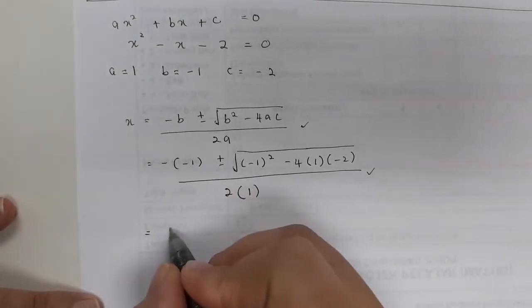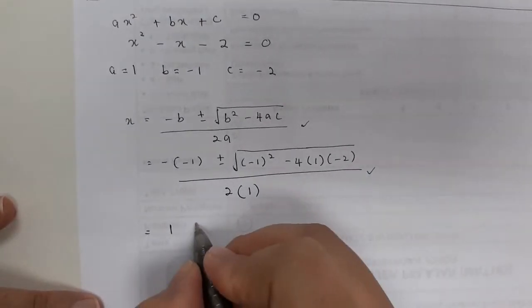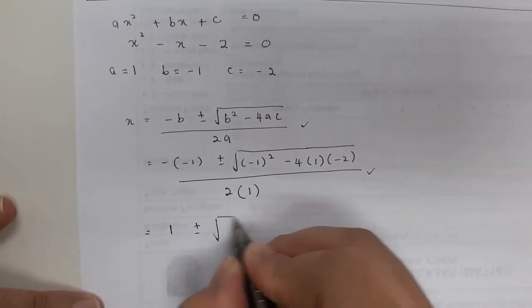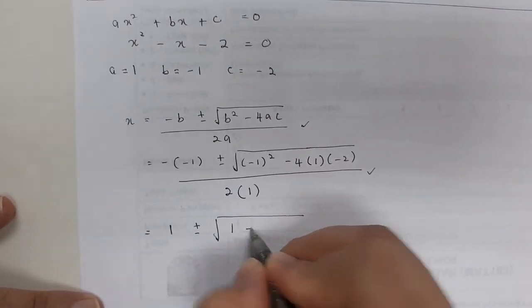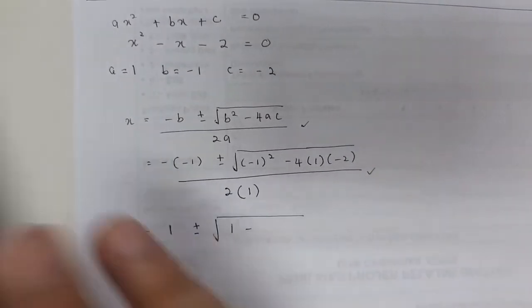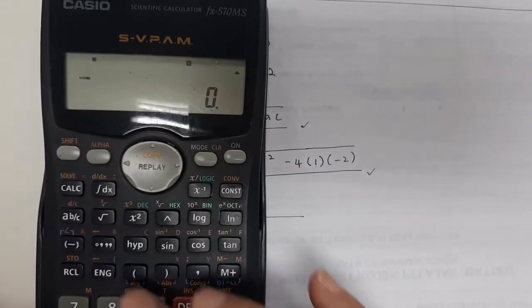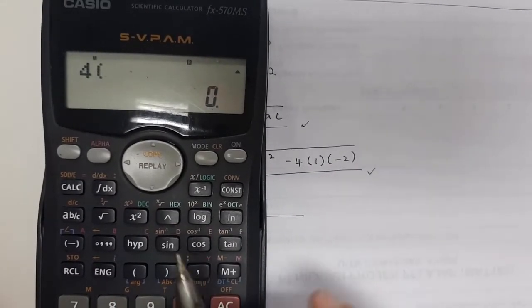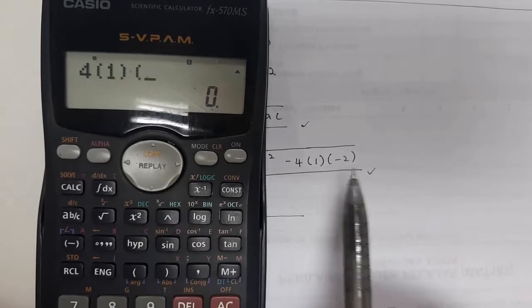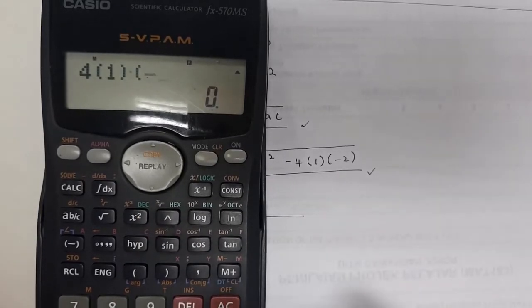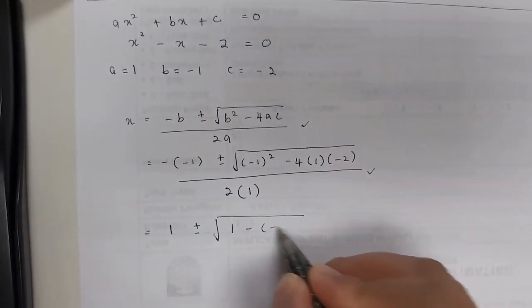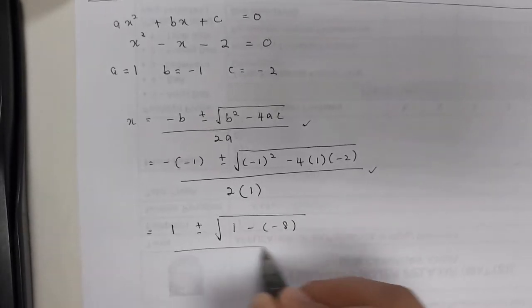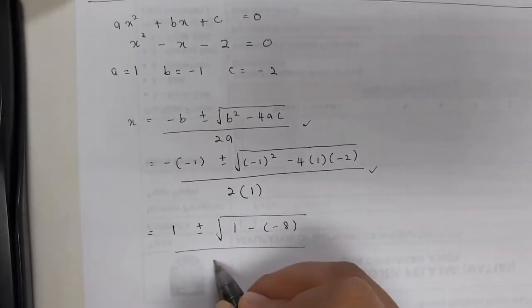Negative 1 is equal to 1, plus minus square root. Negative 1 square is equal to 1 minus. Okay, this one you can use calculator. 4 multiplied by 1 multiplied by negative 2, negative 8. So negative 8. Over 2 multiplied by 1 is 2.